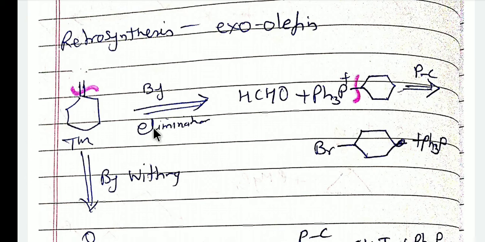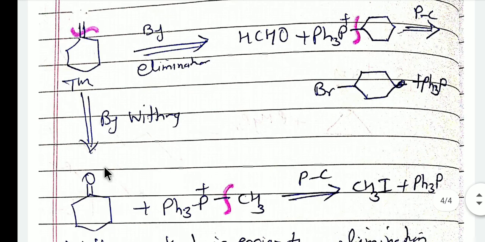This olefin on elimination gives HCHO, and by the Wittig reaction gives cyclohexanone. The handling of HCHO is very difficult. So the best method for the preparation of this target molecule is the Wittig reaction.